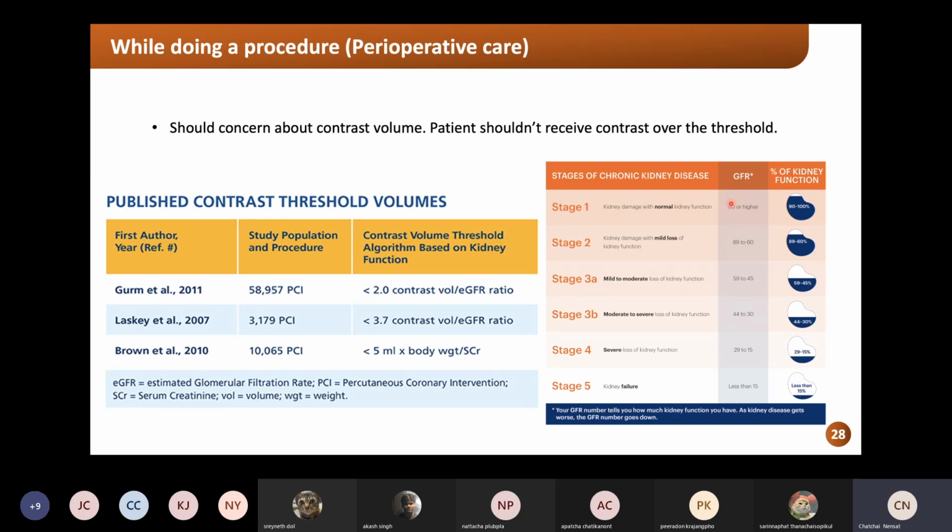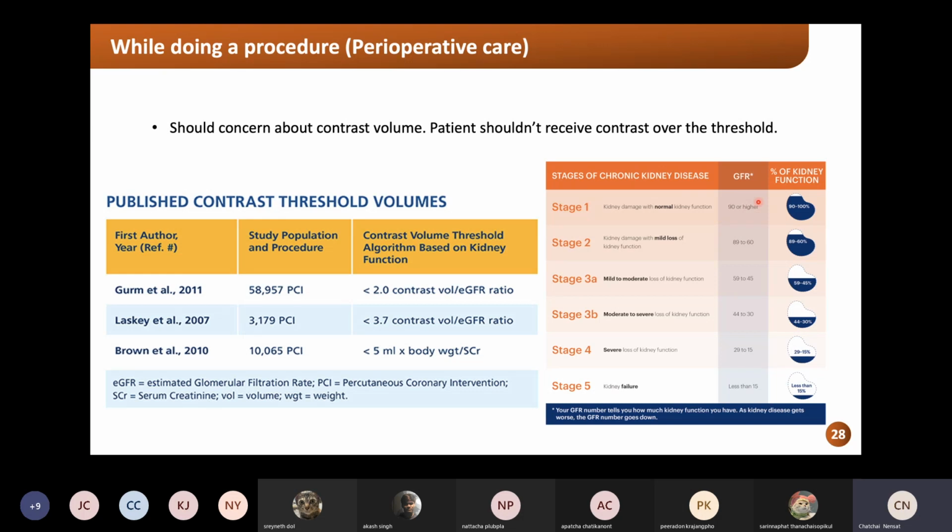Normally, people will get the contrast media if the patients have no sign of kidney disease, like having a good GFR, like 90%.